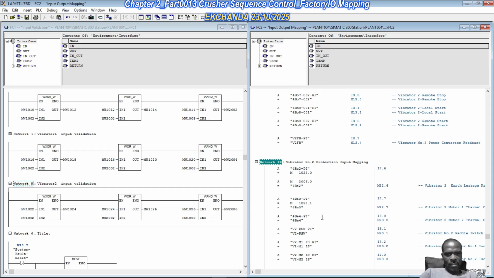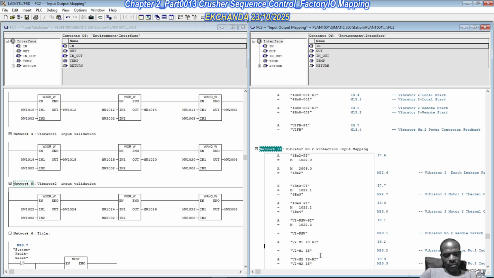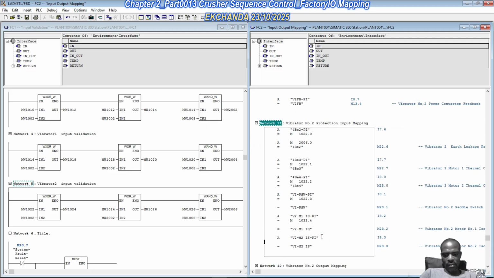So this is that 4BE3. This is 2. That is 3. That is 4. It is 5.